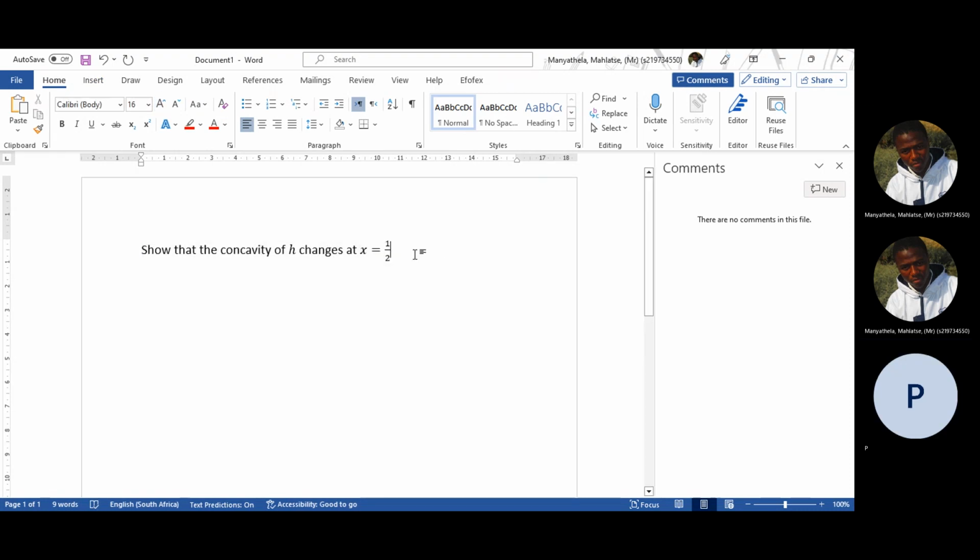Show that the concavity of H changes at x equal to 1 over 2.